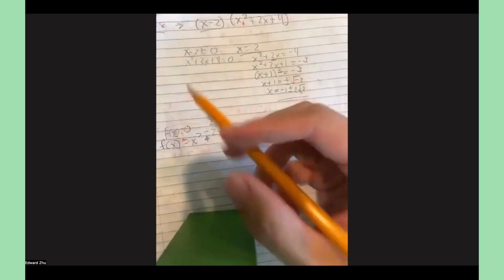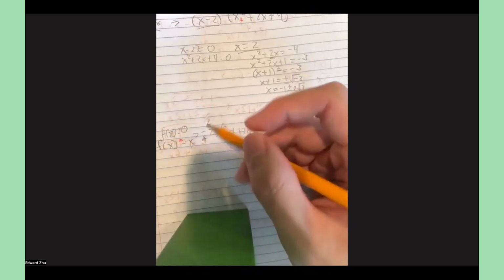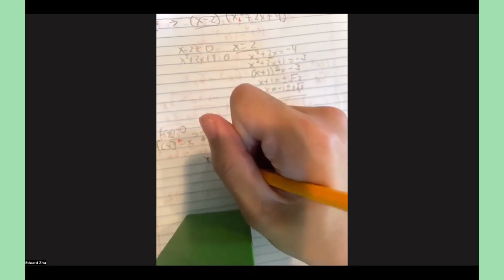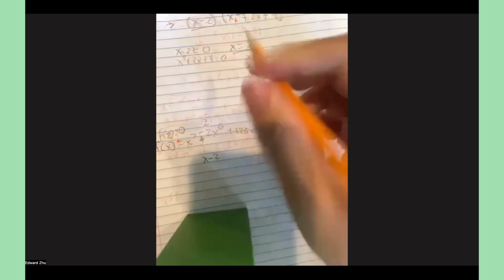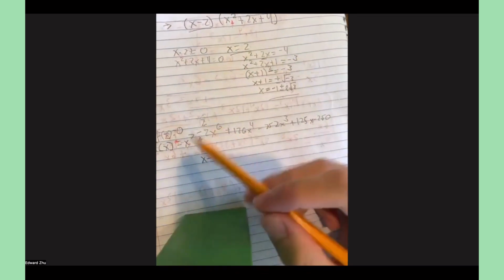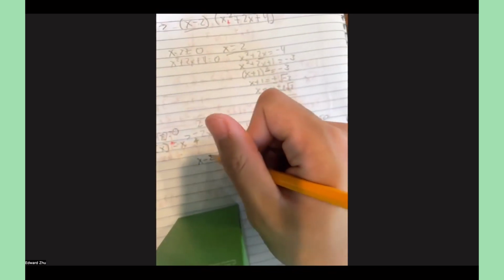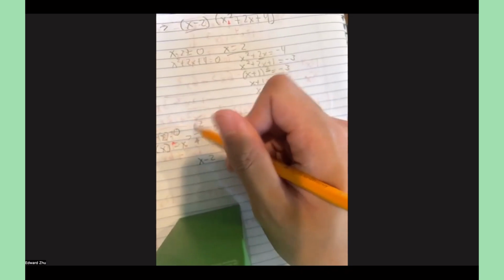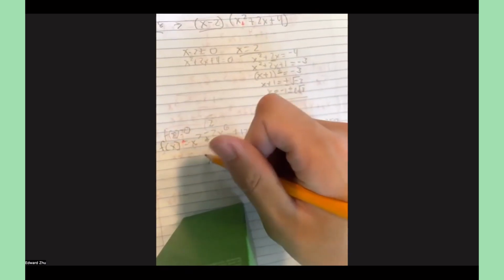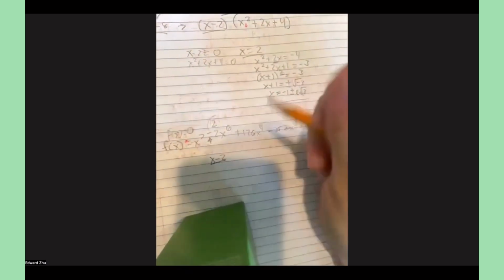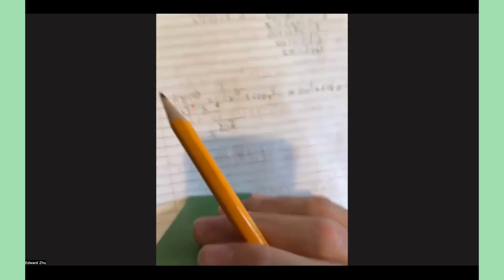So that means that there has to be the factor of x minus 2 within this entire polynomial, or else without it, the statement wouldn't be true that there is a zero of 2. So we take x minus 2 and we divide it into the entirety of this equation.